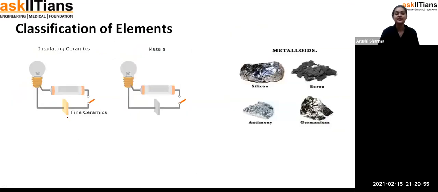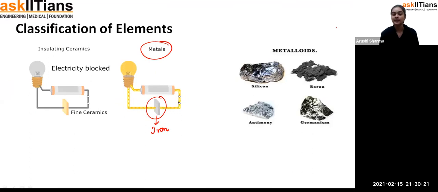Now, if we see, pure substances or the elements have been classified into three categories. So what are those three categories, students? As we can see here, it is metals, non-metals and metalloids. So just give me a minute. Yes, you can see here, students, first of all, metals. If it is a piece of metal, let's say it is iron. Iron is a metal, students.